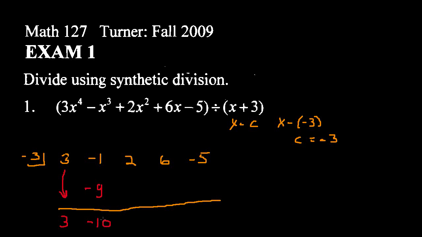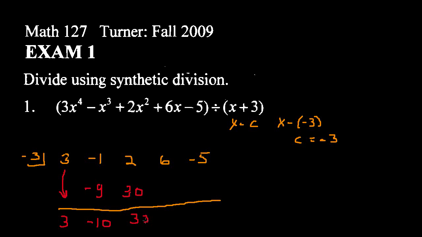Okay, now repeat that process. So take the c value, negative 3, and multiply it times that negative 10, and what do you get? 30. Okay, write that down. And then add them up. The 2 and the 30, 32, and just keep going.